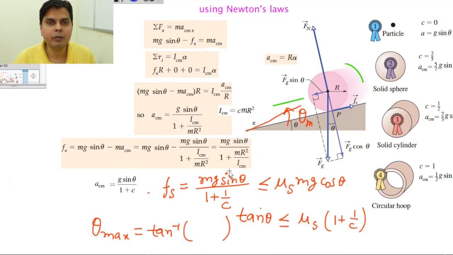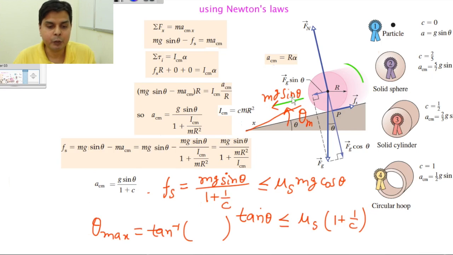And there is a very simple physical reason for this also. As you go on lifting your incline more and more vertical, what is happening? This mg sin theta force, which was acting down the incline, goes on increasing. So the body is experiencing a greater and greater force pulling it down.